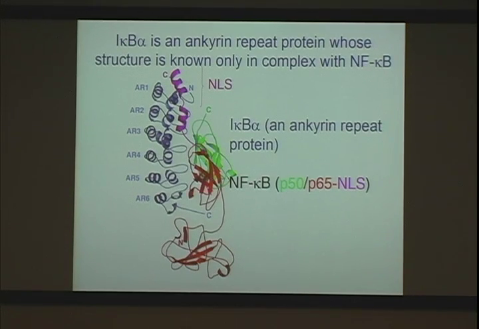One is that there's a very large binding interface. About 4,000 square angstroms are buried upon complex formation. This little pink two-helix part here is where the nuclear localization signal is. It's a 4-residue sequence in between these two helices. And then there's a PEST sequence at the C-terminus of the IkBα.